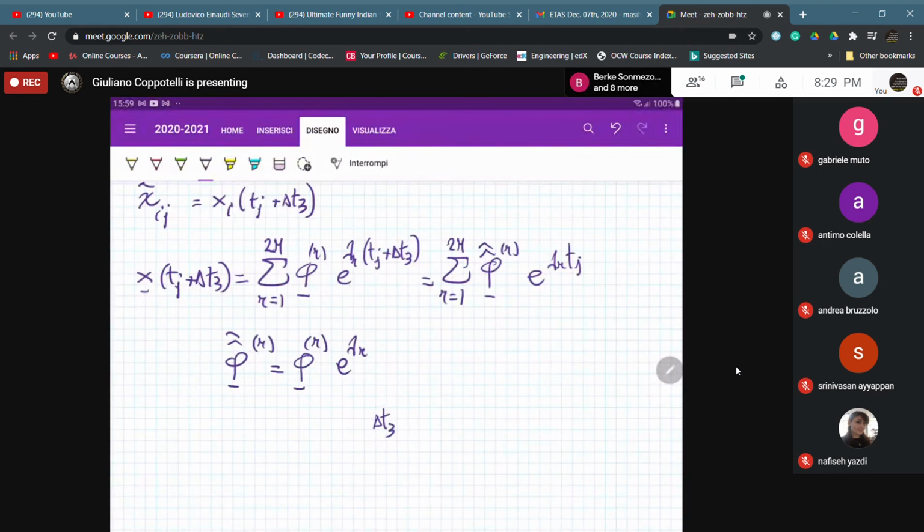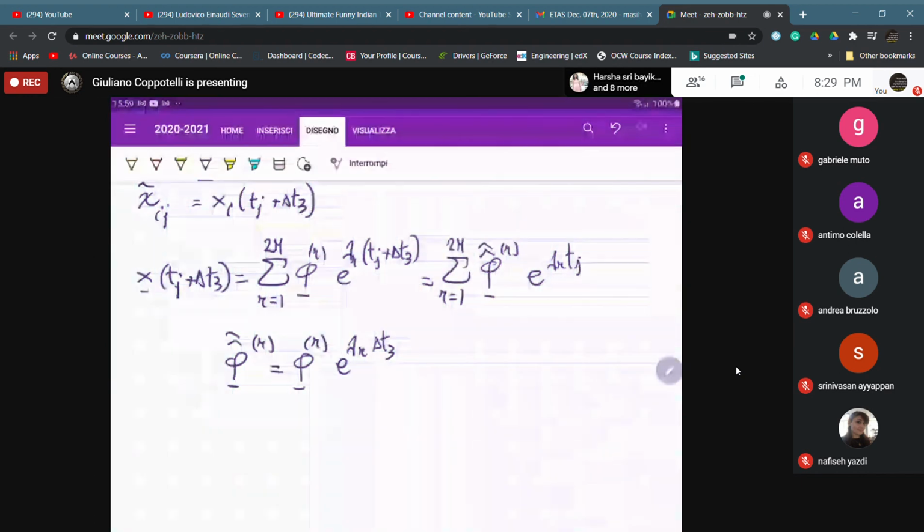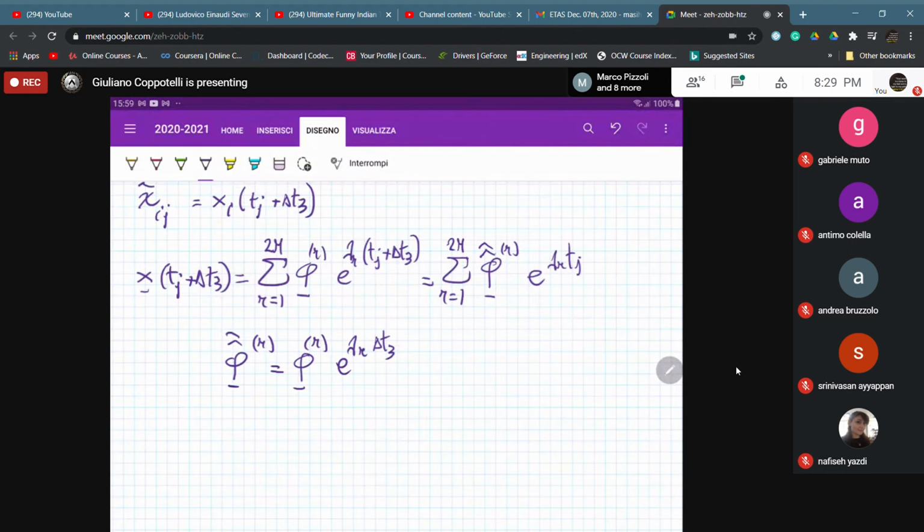The lambda matrix is still the same, so the components of your lambda matrix, lambda ij, are still the same, so e to lambda i times tj, okay.